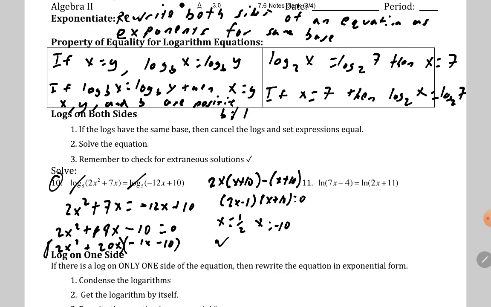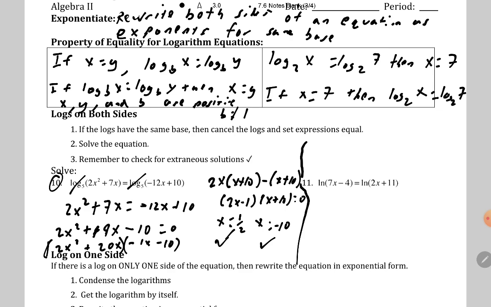So this one works. If I plug in negative 10 to both these equations, I'll get 2 times 100 plus negative 70, so that's good. And then negative 12 times negative 10 is positive, so yes, those work. Just want to make sure that the equation is still able to happen.